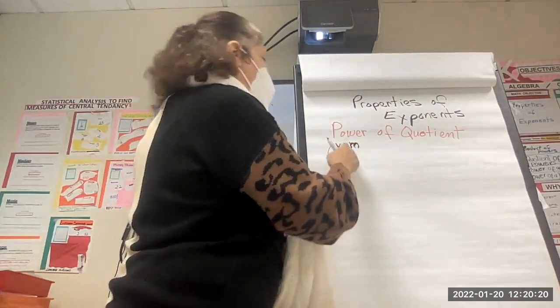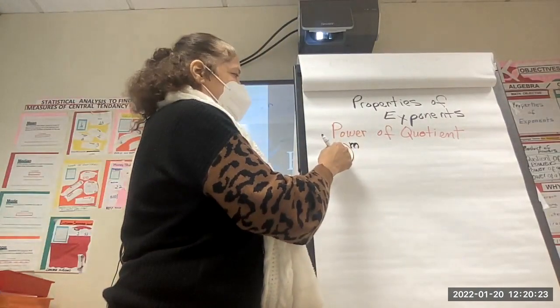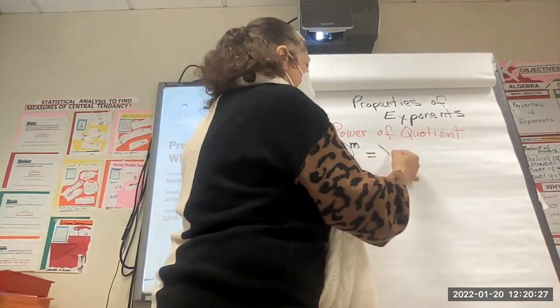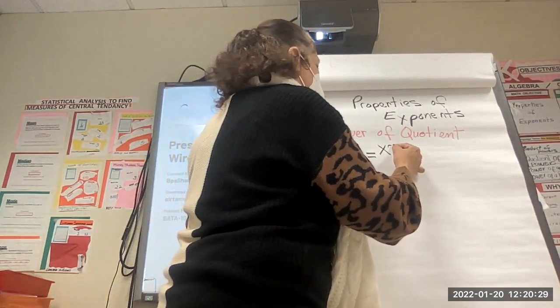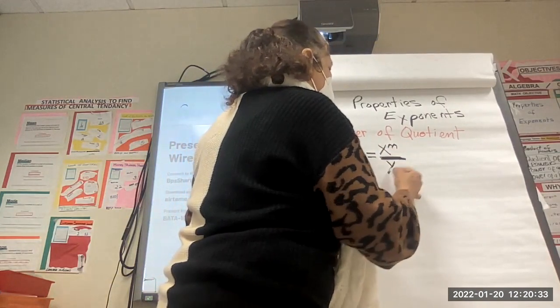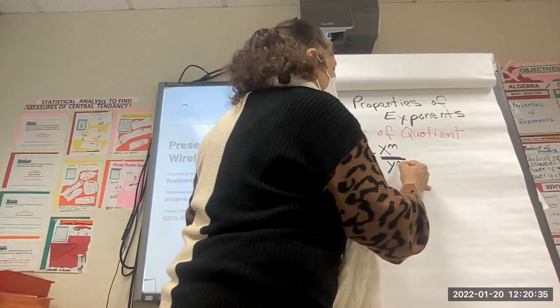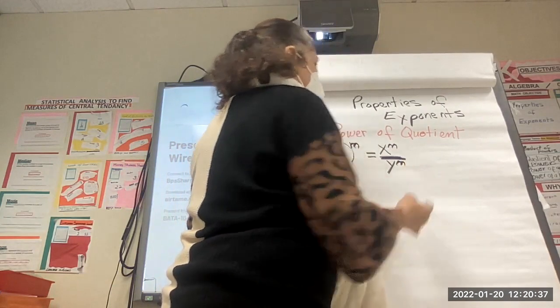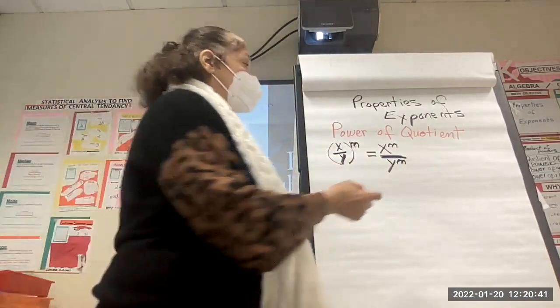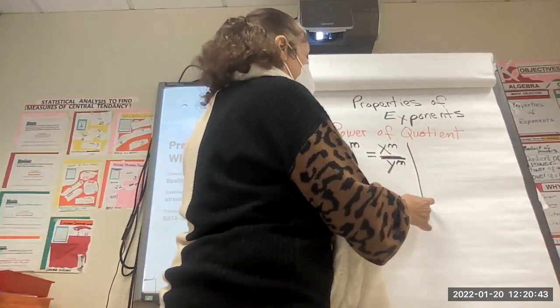But in the math, the m has the x under its power and the y. So in a problem like this, it's equal to x to the power of m divided by y to the power of m, because the power of m goes for both numbers. And simply that's how it works. So let's use a different variable.